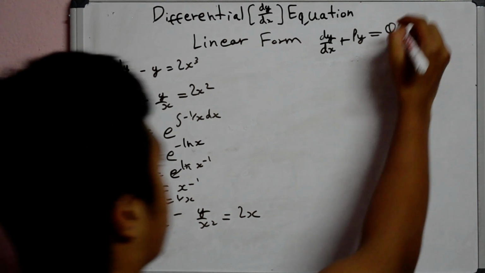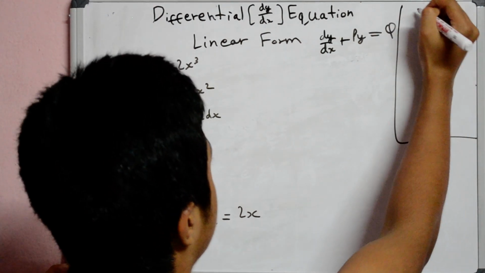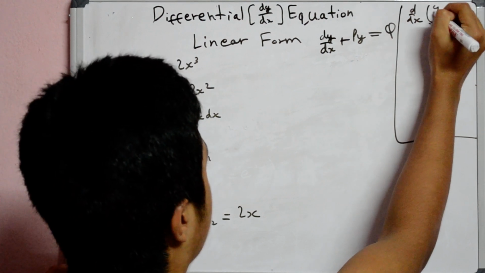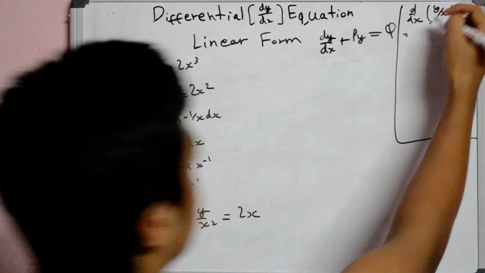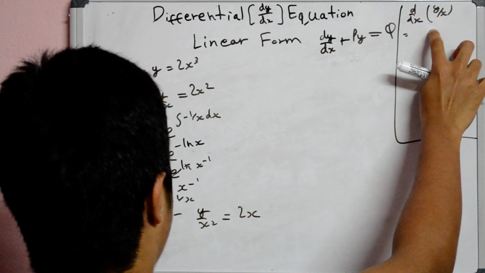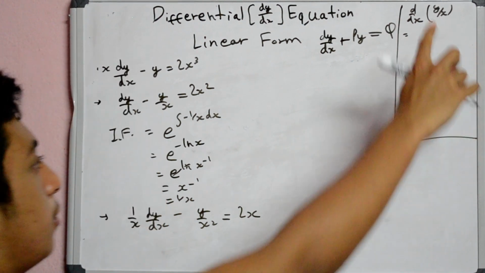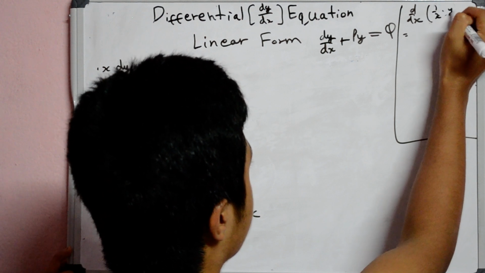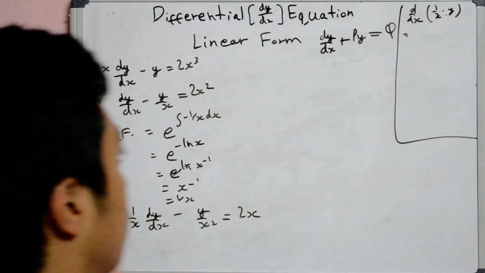So let's check it right over here. Let's check the derivative of the function y by x. Or let's just do it like this, 1 by x into y, so you don't get confused with the quotient rule.